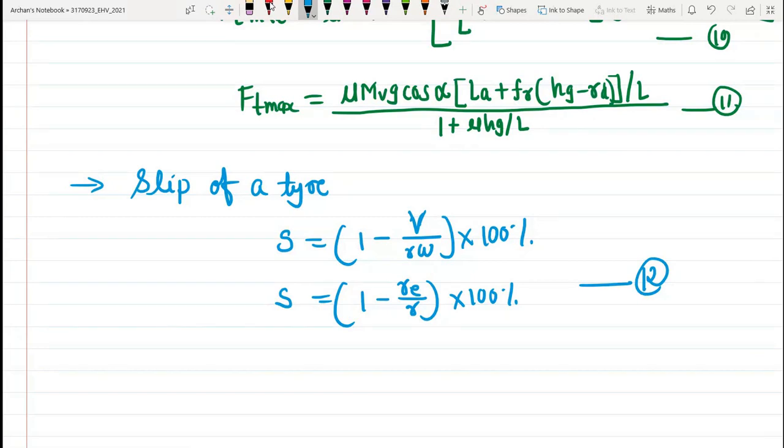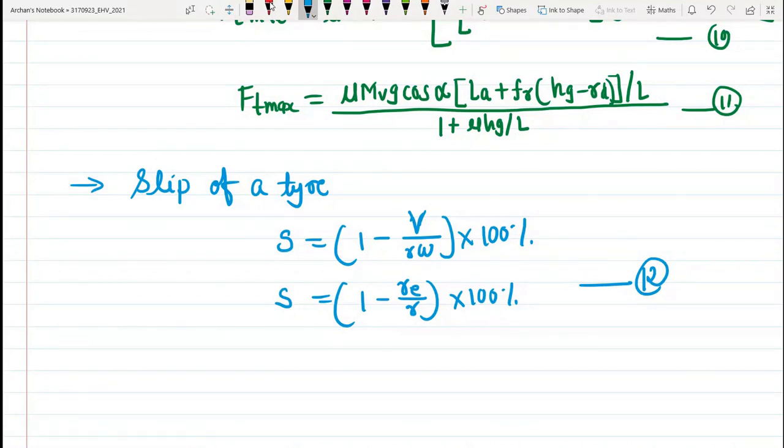In traction, the speed V is less than r omega, and therefore slip of the tire has a positive value between 0 and 1. Whenever we are accelerating the vehicle, the value of slip will be positive and in between 0 and 1.